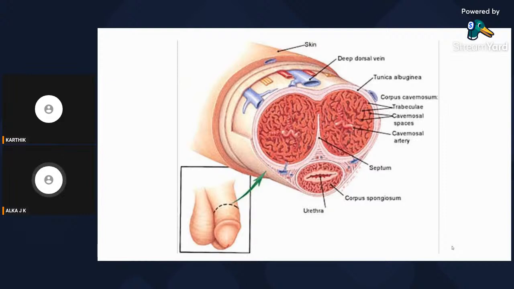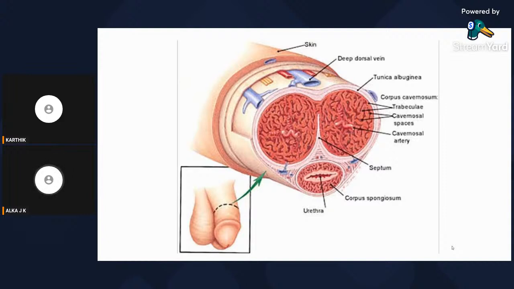There is no hole in the corpora cavernosa because they are not traversed by the urethra, but the corpus spongiosum is traversed by the urethra. That is the speciality of these three erectile masses. These spongy tissues fill with blood at the time of erection of the penis, or ejaculation.